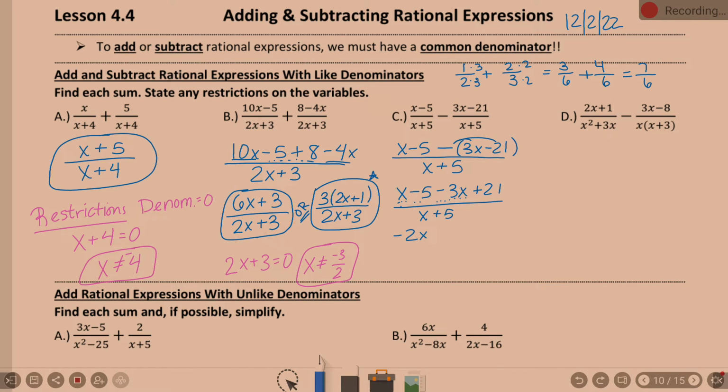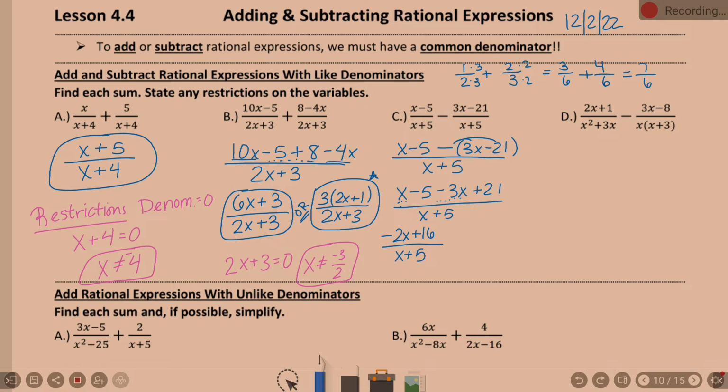Then we have minus 5 plus 21. What's minus 5 plus 21? 16. Okay, plus 16 over x plus 5.